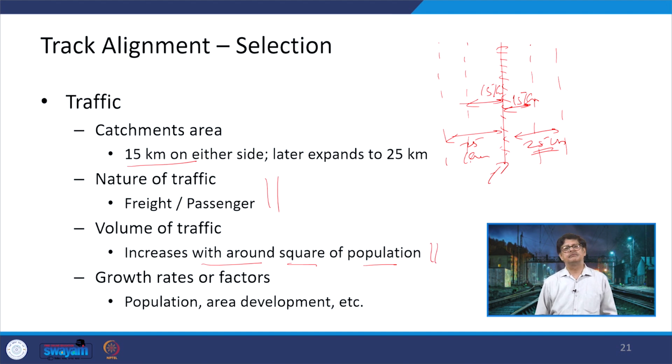The growth rates are the factors, they are to be discussed with respect to the population, with respect to development of the area, with respect to the production in that area. So, those growth factors also are required when we are interested to identify what is the demand which needs to be satisfied by providing a track.